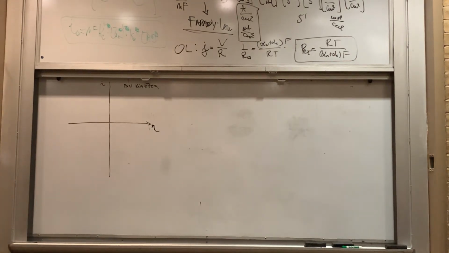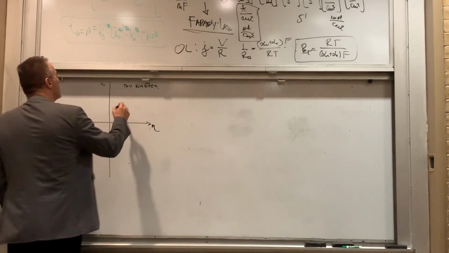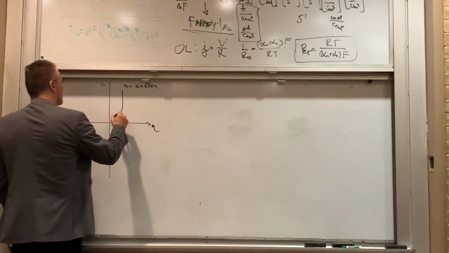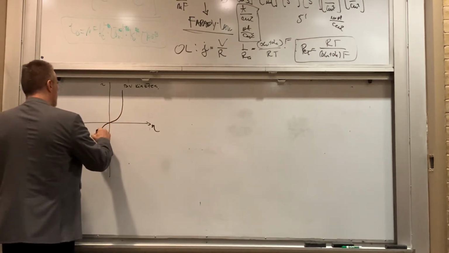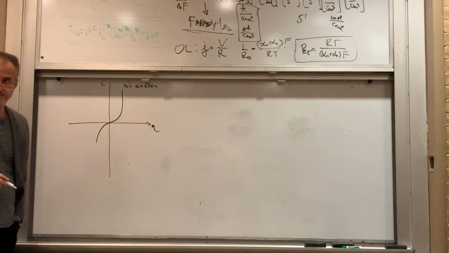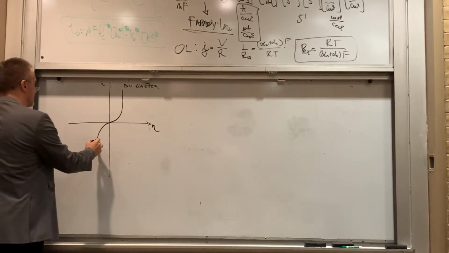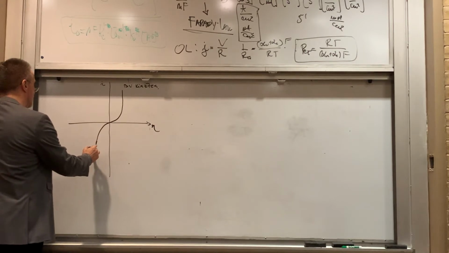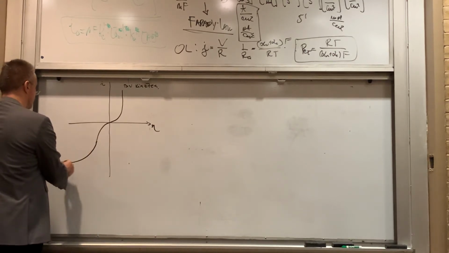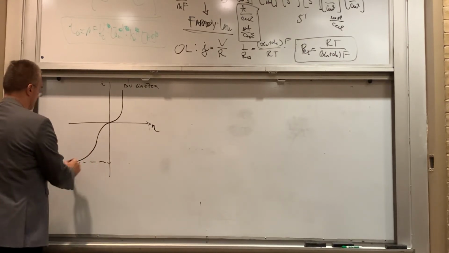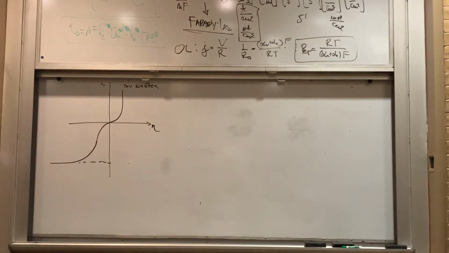In reality, when we look, especially at the deposition wave, the dissolution wave is okay. But when you look at the deposition wave, it doesn't go like this, but in reality it goes like this. And the question is why?